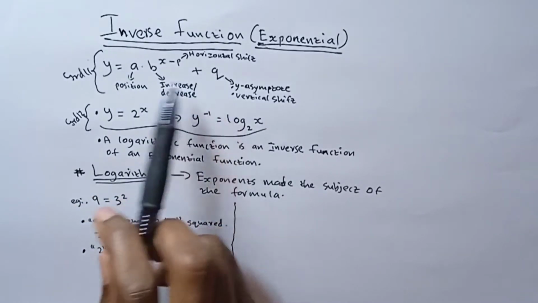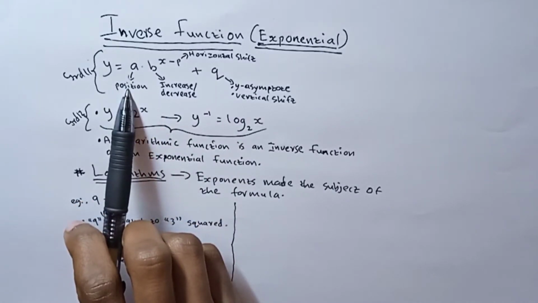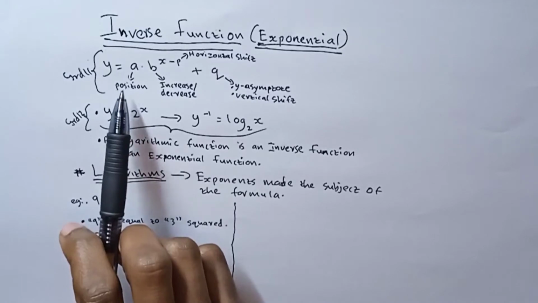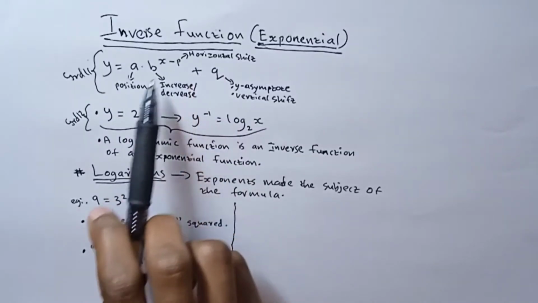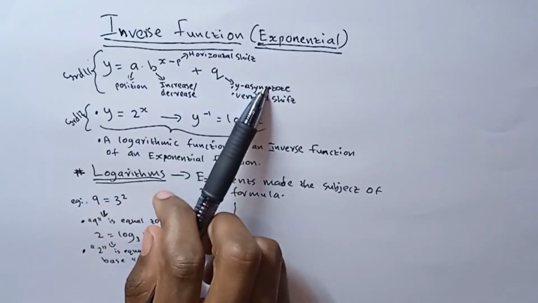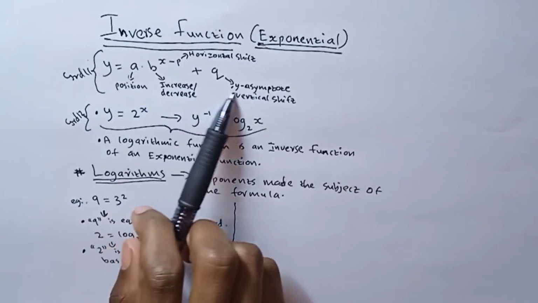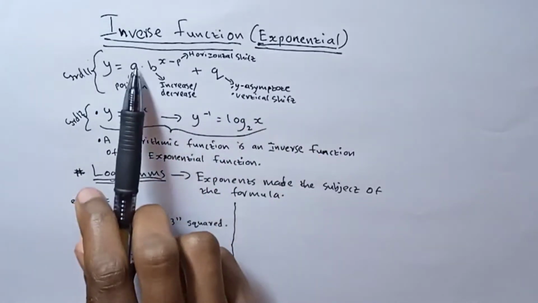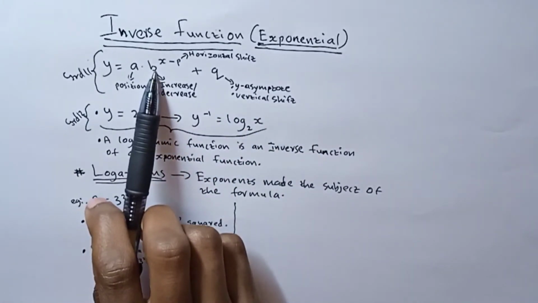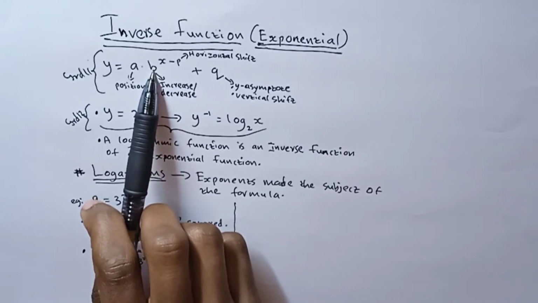where your a modifies the position of your graph, which tells you that the graph will either be above the asymptote or below. When a is negative, your function will be below the asymptote. When your a is positive, your graph will be above the asymptote. And your b modifies an increase or decrease of your graph.